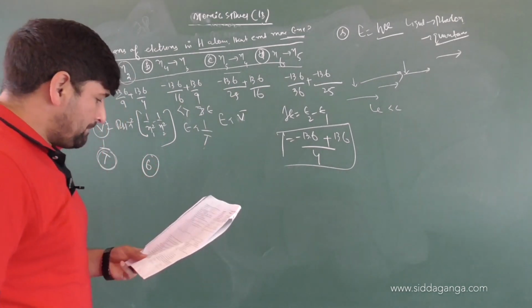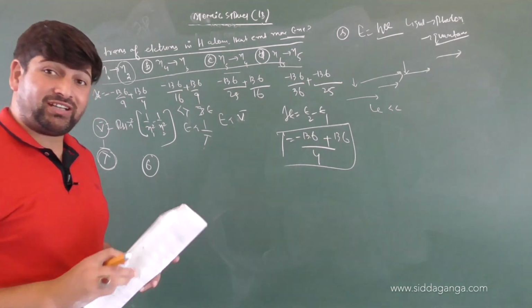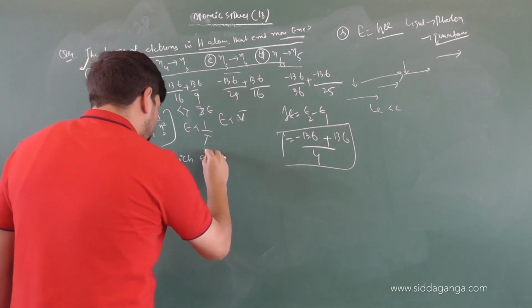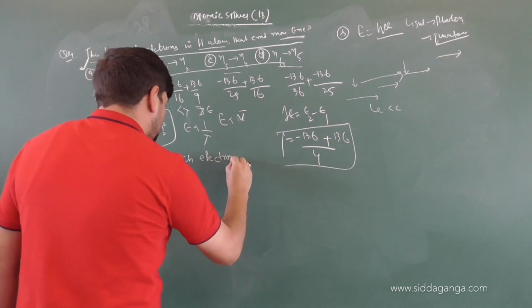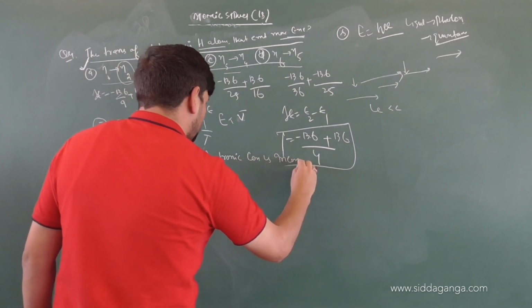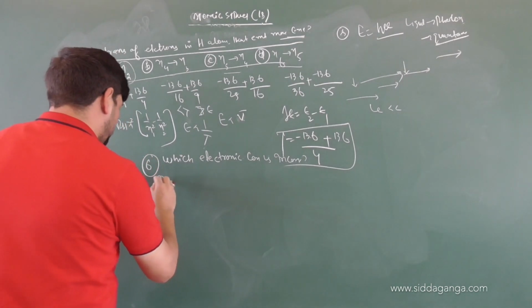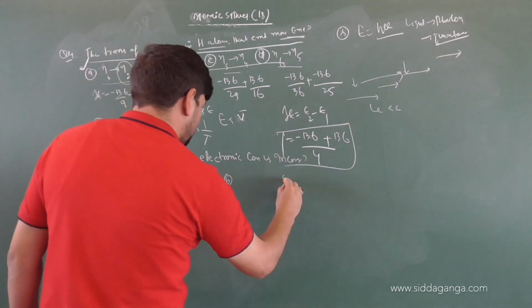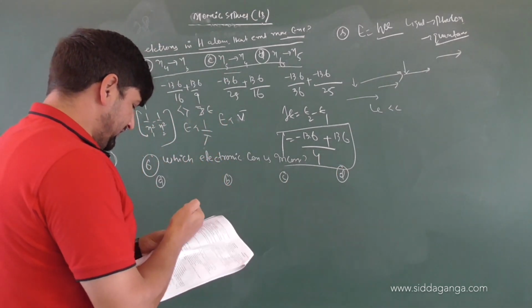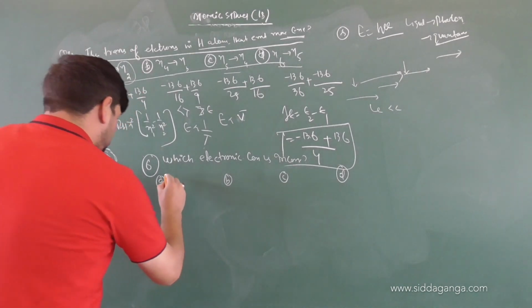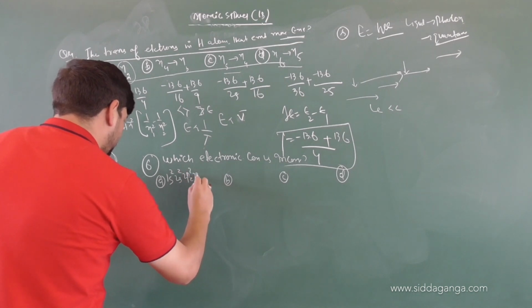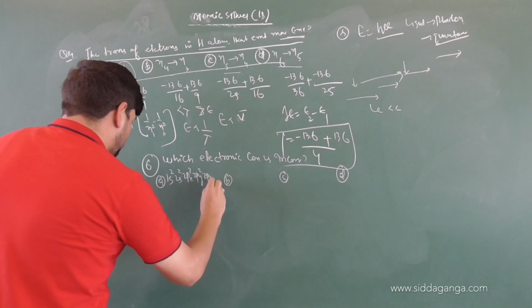What is it asking? Which out of the following electronic configurations is incorrect? Options A, B, C, D. The first is 1s2, 2s2, 2px2, 2py2 and 2pz0.